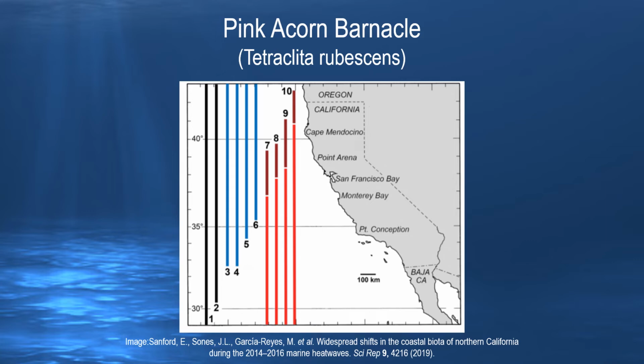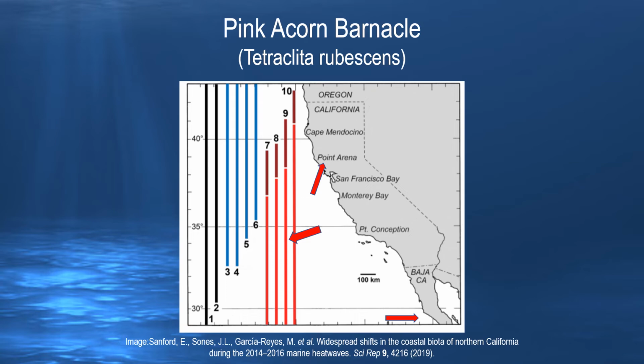Here's a graph showing northern and southern range limits for various intertidal species on the California coast from data that was collected in the 1970s. The red bars indicate northern range limits for southern species. So for bar number 9, that indicates the distribution of the pink acorn barnacle in the 1970s, where its range extended from Baja California to Point Arena.